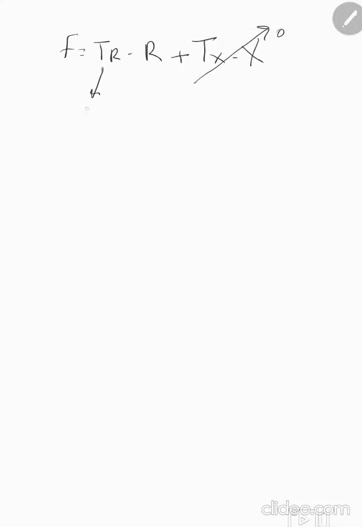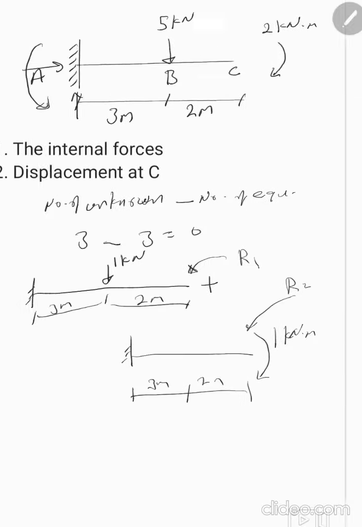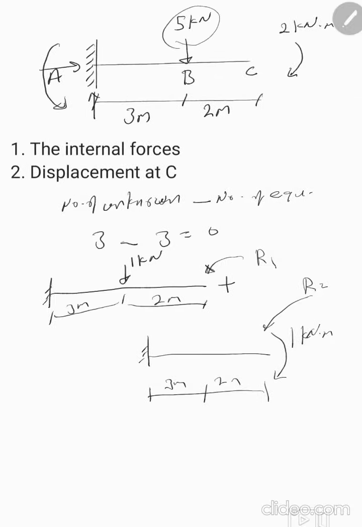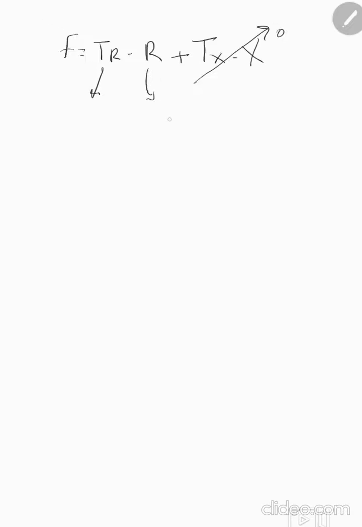TR is found by internal forces, and R we already have: the 5 kilonewton force and the moment. So the R matrix equals 5 and 2.